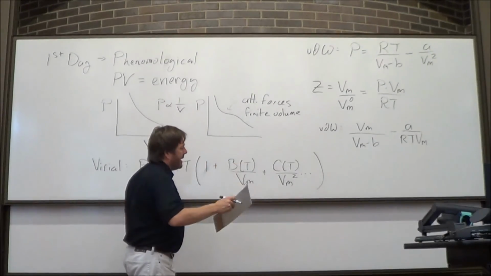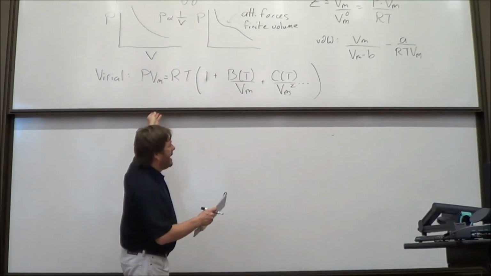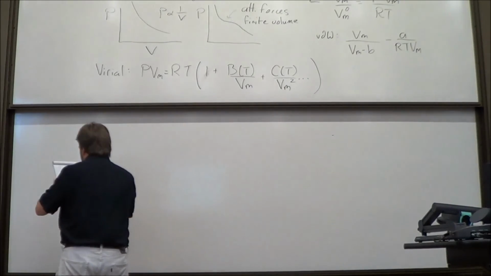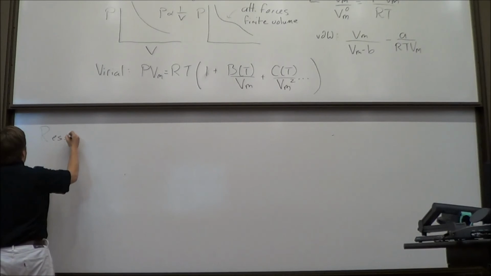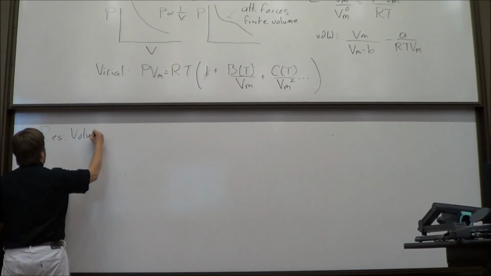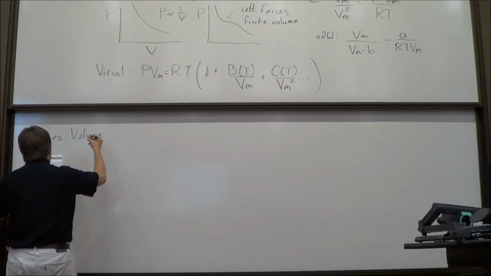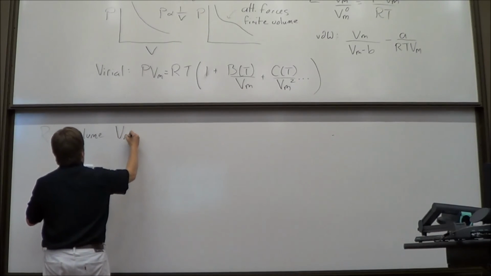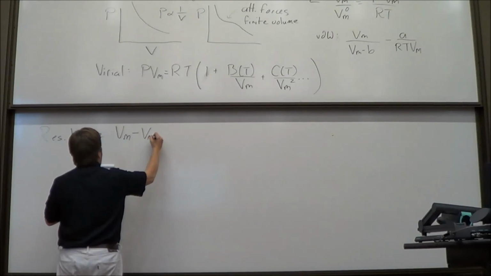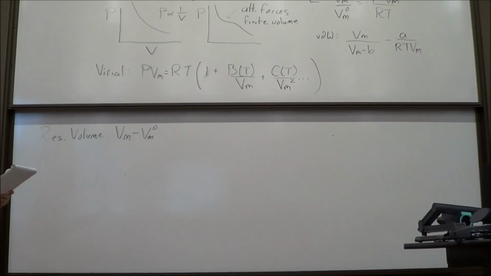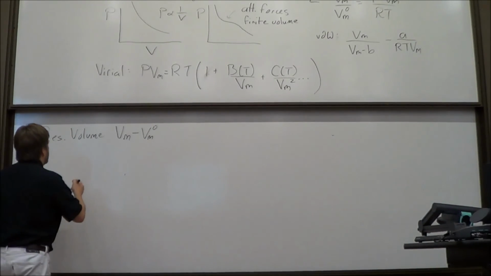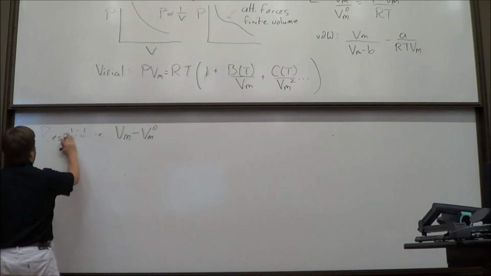The next thing we got into in terms of real gas behavior, it's always traditional just to do these two. The other one is residual volume. And the formulas are on the cheat sheet, I just added them. In this case, it's the volume of the real gas minus the volume of the perfect gas. Sorry, I just screwed up.